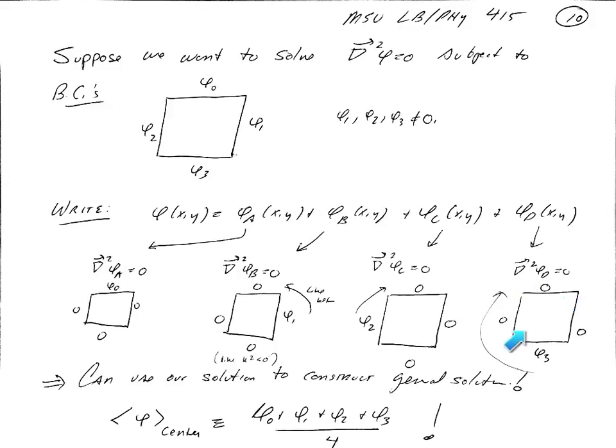And by linearity, the sum of all of these also satisfies Laplace's equation with exactly this boundary condition. If we put that together with what we found out before, we'll find that the value of phi right in the center is exactly the average. And that's a general property of the solution of Laplace's equation.